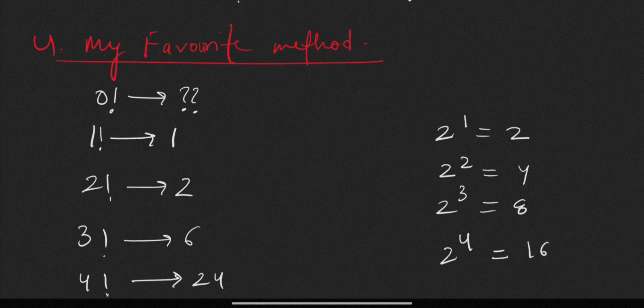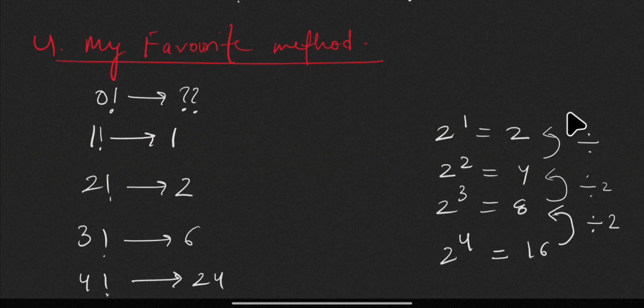Let's see while reversing. When I go from 2 raised to 4 to 2 raised to 3, what am I doing? I am dividing by 2. While going from 2 cubed to 2 squared, again I am dividing by 2. While going from 2 raised to 1 to 2 raised to 0, again I divide by 2, and after dividing by 2, I get 1.